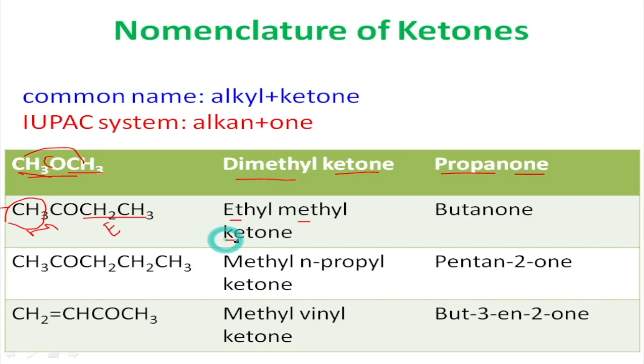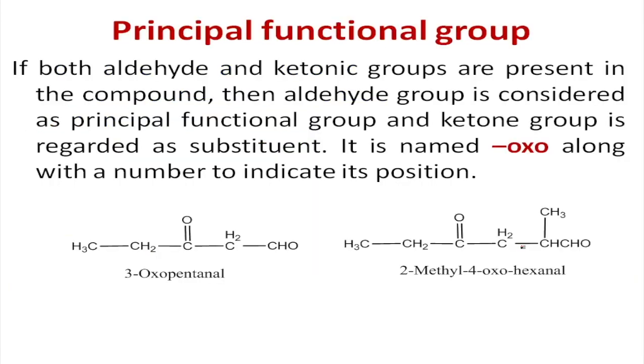Then the IUPAC name: how many carbons? 1, 2, 3, 4 carbons. 4 carbons is butane, so butane plus one gives butanone.